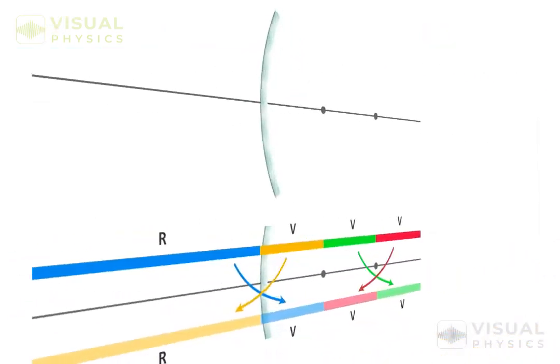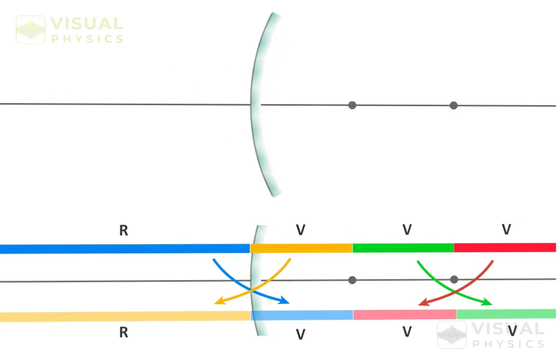Although we will usually consider the convex mirror like this. So a flip version of this diagram will be more useful.